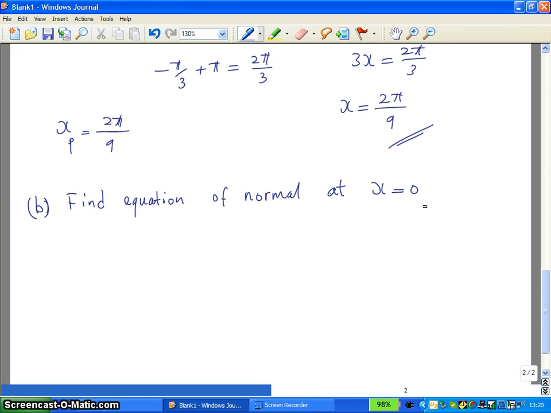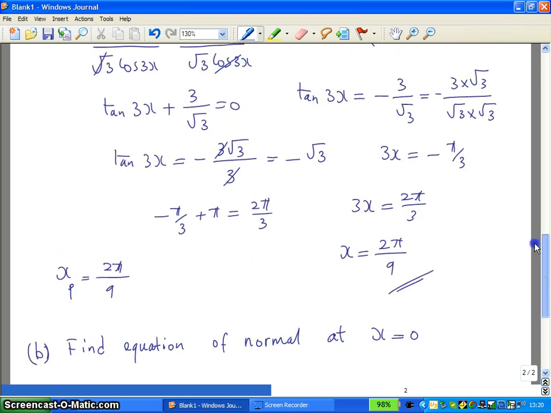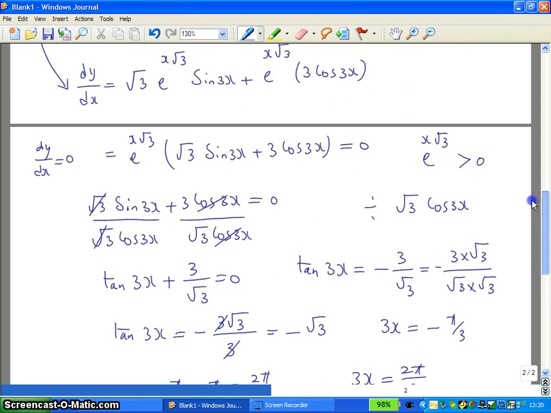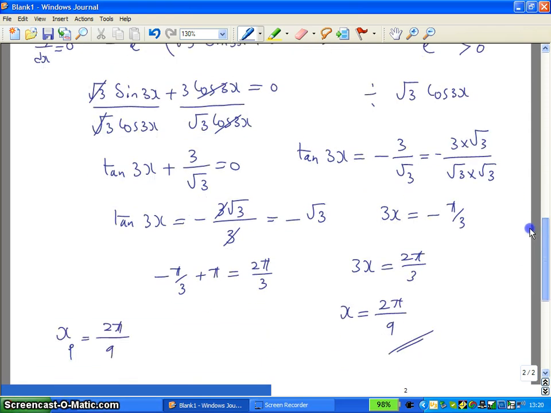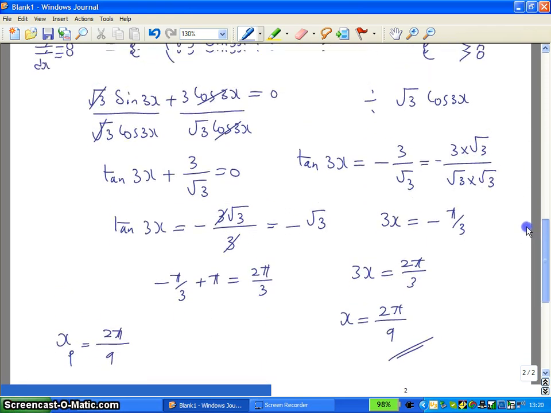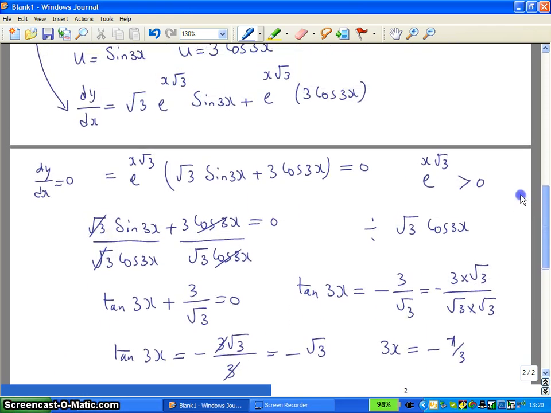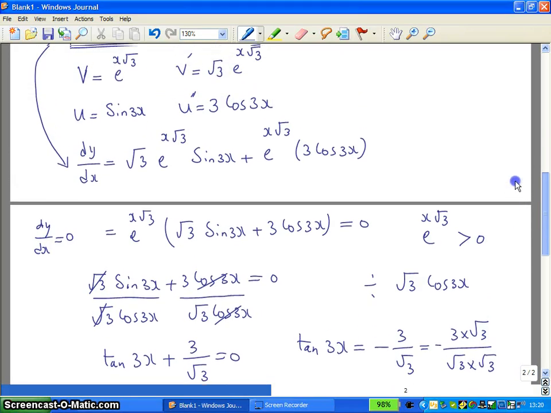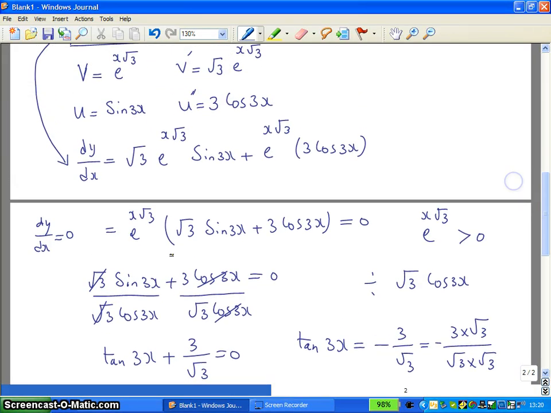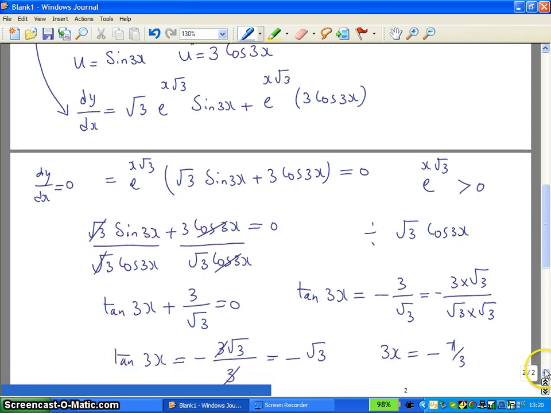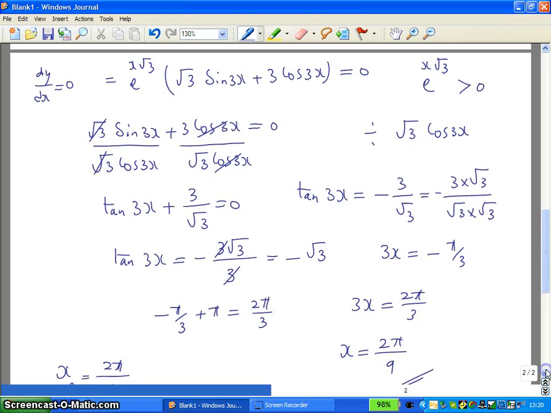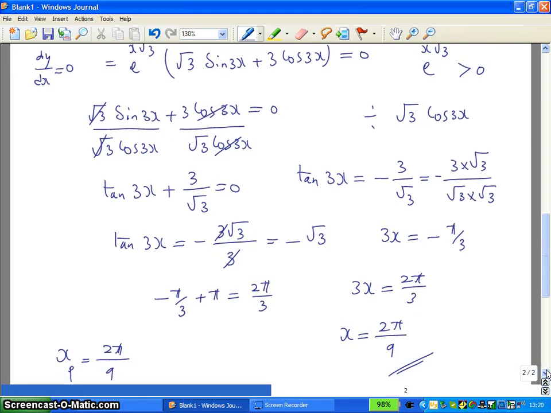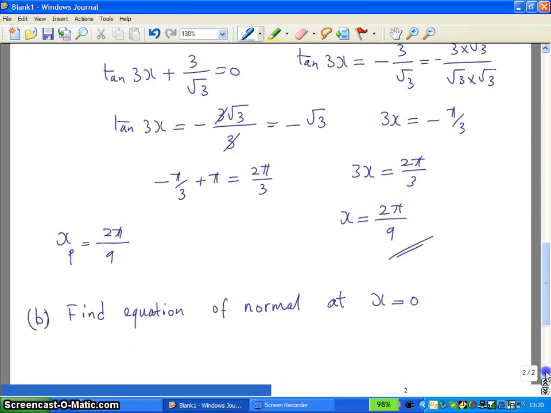So let's go back to the derivative and put x equal to 0 in there.